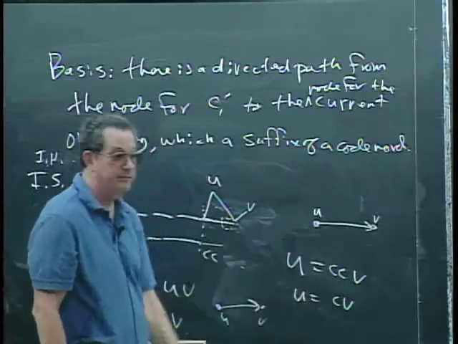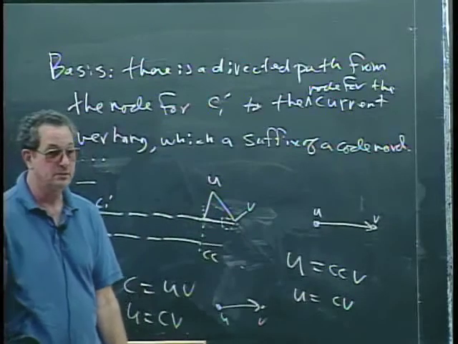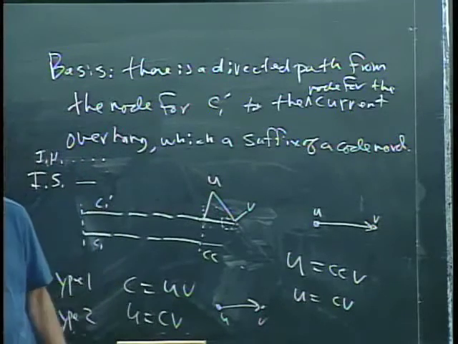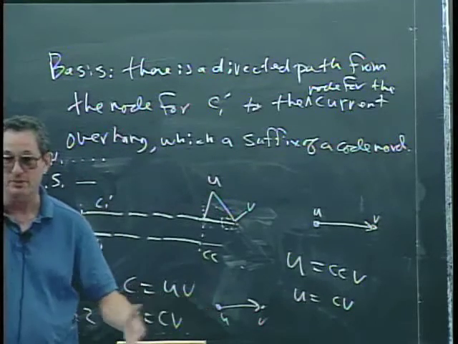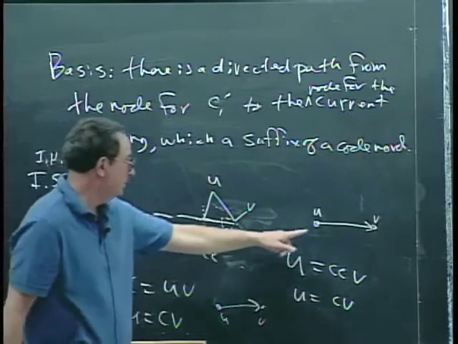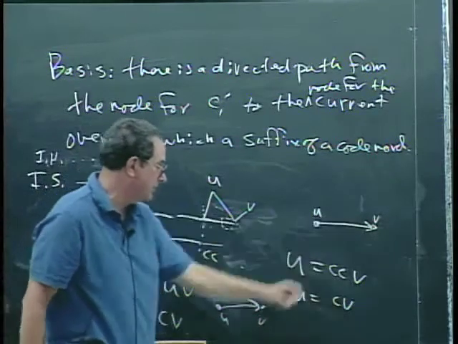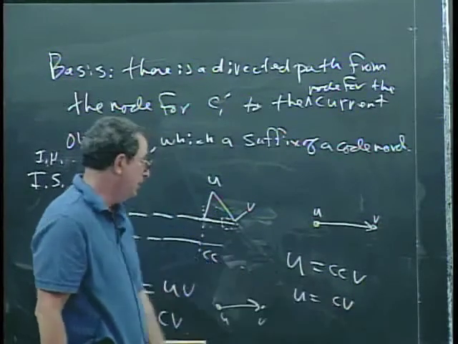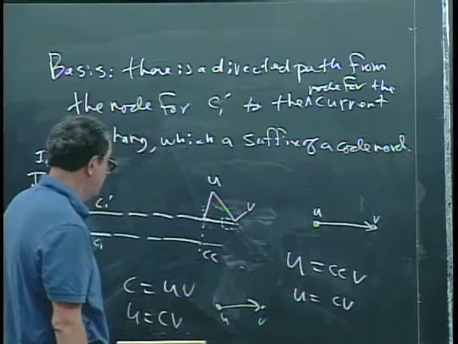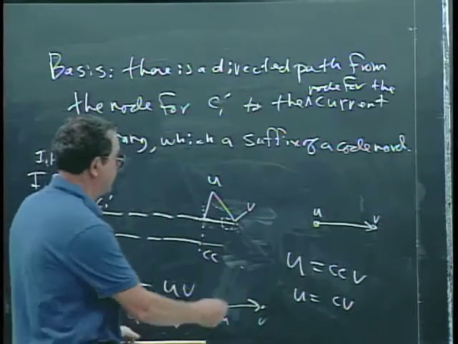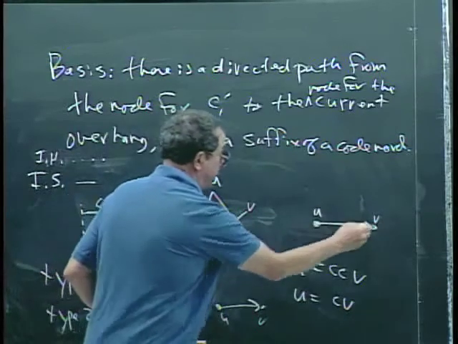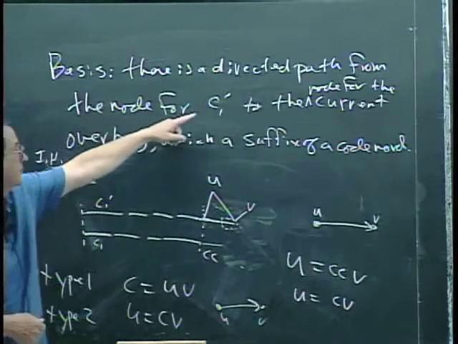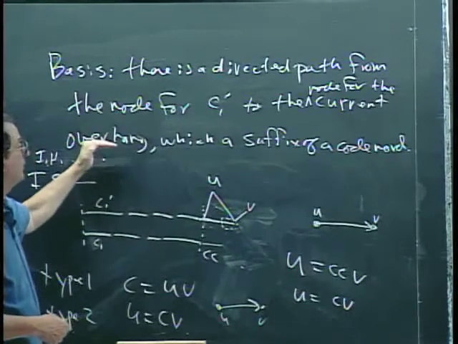Why is V the suffix of a code word? Yeah. Because it's a suffix of a suffix, which is still a suffix. It's a suffix of the suffix of a code word, so it must be a suffix of a code word. All right? So U is a suffix of a code word, V is a suffix of a code word, CC is a code word, so U equals CV is a type 2 rule that demonstrates that there's an edge in the graph from U to V. And so again, we see that there's a directed path from the node for C1 prime to the node for the current overhang.